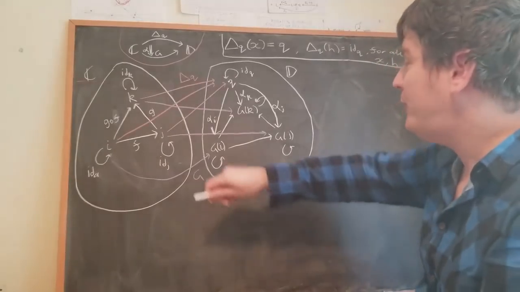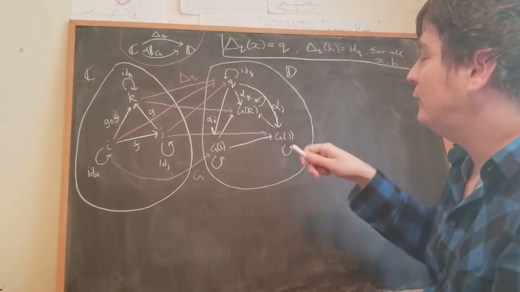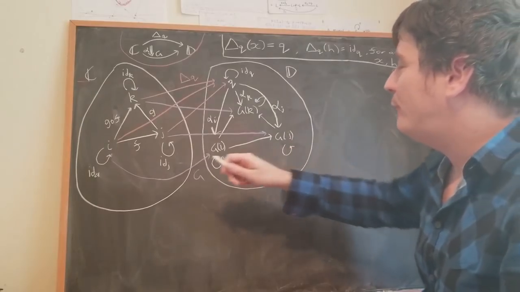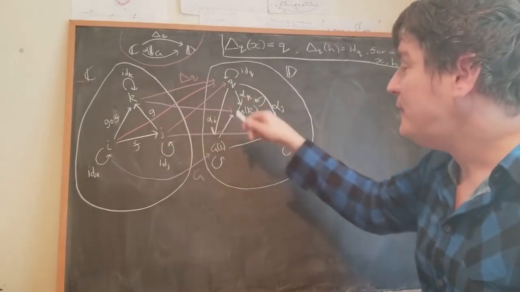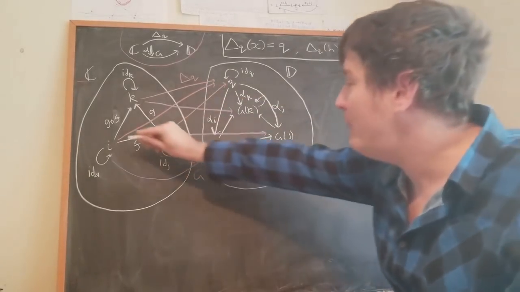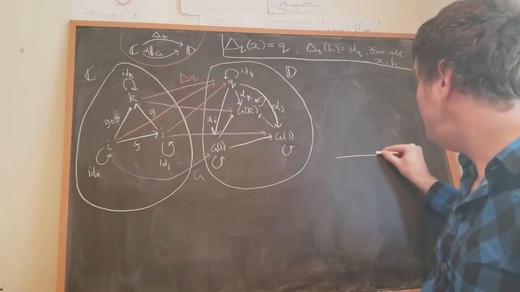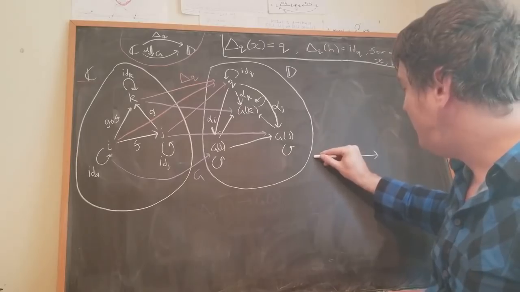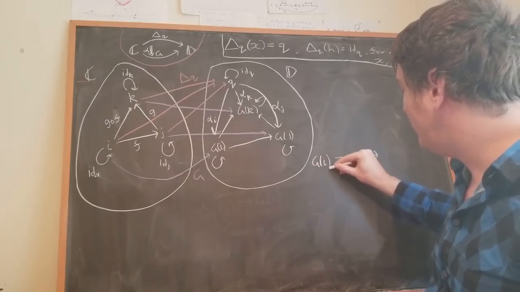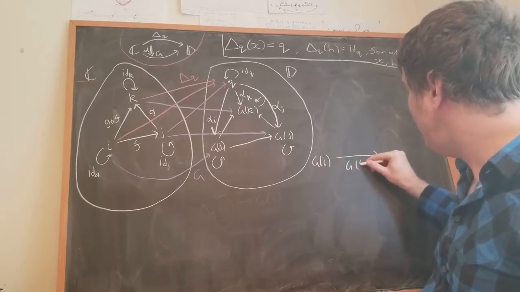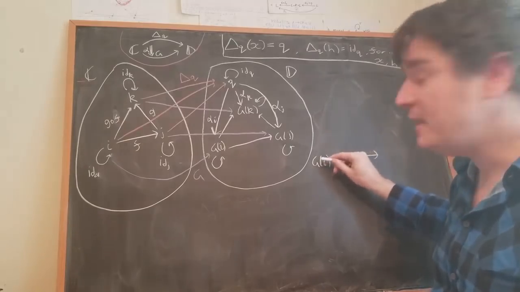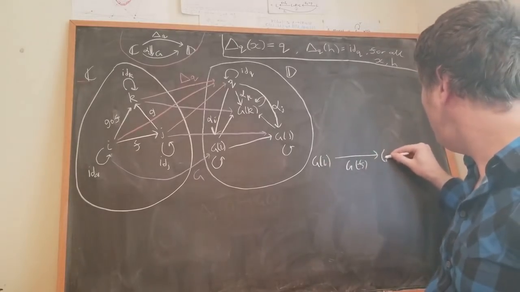Okay, so what does the commuting condition look like for this kind of natural transformation? Well, we know that for every arrow F from I to J, under G, this is going to get changed into G of F, which goes from G of I to G of J.